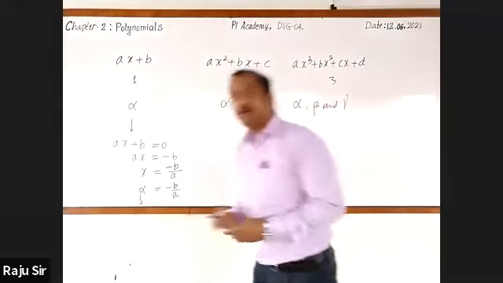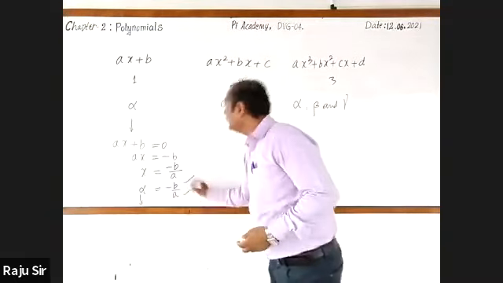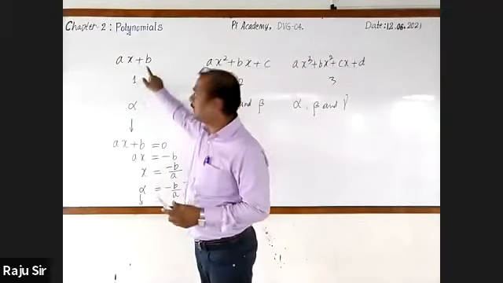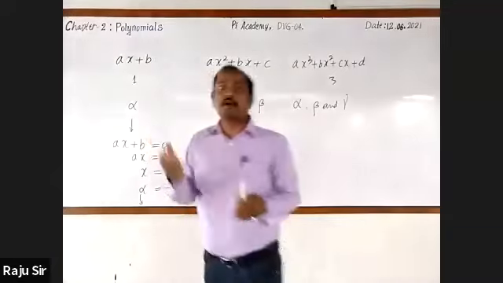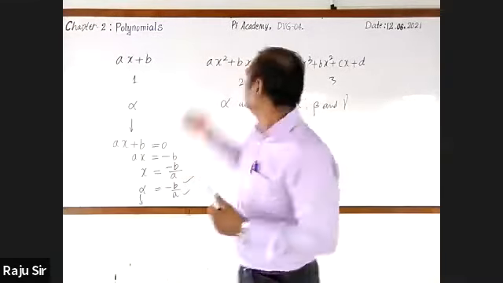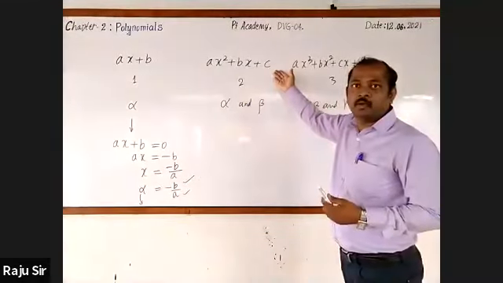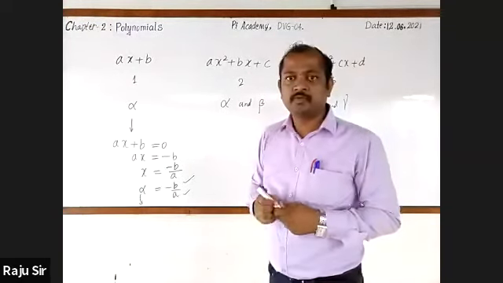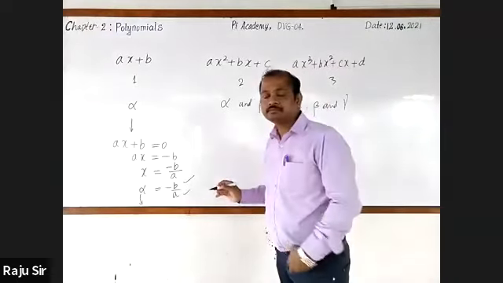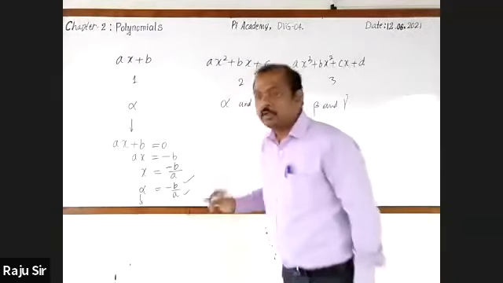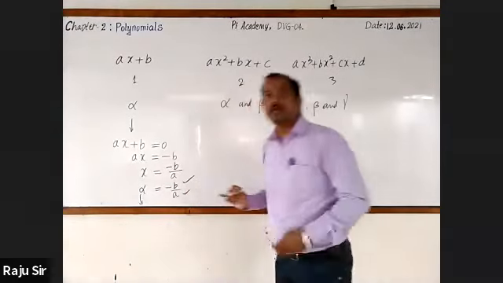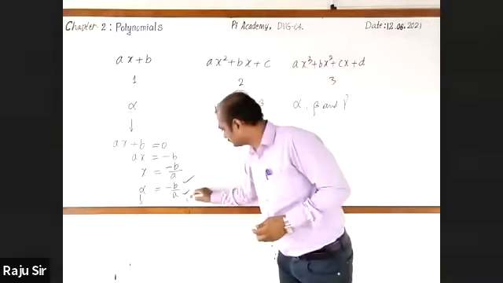Alpha is a zero. What do you say about a and b? Go through this linear polynomial. You know that a and b are called coefficients. If you come across a quadratic, a, b and c are coefficients. Look here. This is the zero and these two are coefficients.